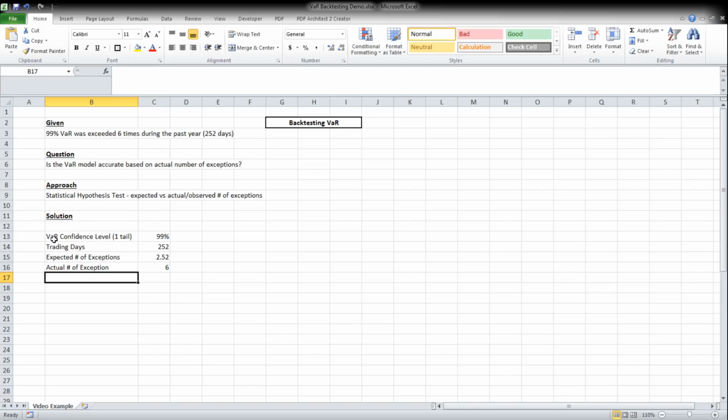Now, like I said, the confidence level for VaR is 99%, but there will be another confidence level for the hypothesis test itself, which is different and independent from the confidence level of VaR. Let me note it first: the hypothesis test confidence level is a two-tailed confidence level, meaning that we want to be sure, 90% sure, 95% sure, 99% sure in our opinion of the VaR model.